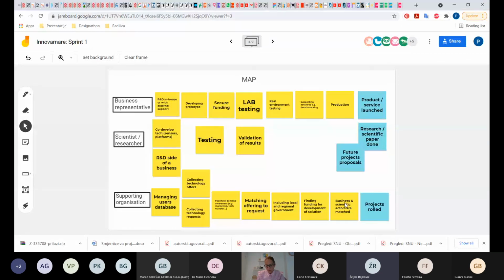Since the project is based in Italy and Croatia, our plan is to start with stakeholders from those two countries, and of course later, in later development phases, it should also be open to stakeholders from Europe and from all over the world.